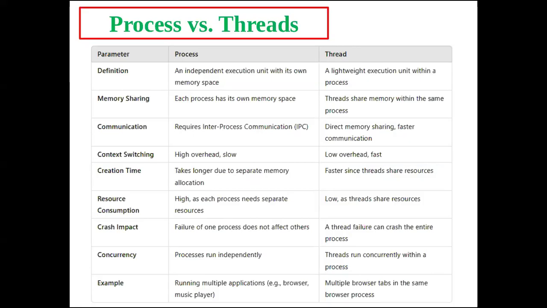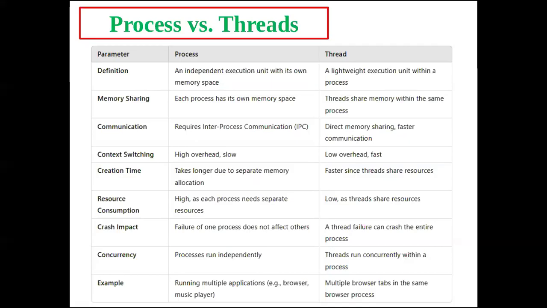Processes require IPC, inter-process communication. Communication is either direct, indirect, or requires some mechanism. Whereas threads use direct memory sharing. Communication is faster, so there is no need for the complex mechanisms that we saw earlier in IPC. And we are going to see more things related to that IPC part.